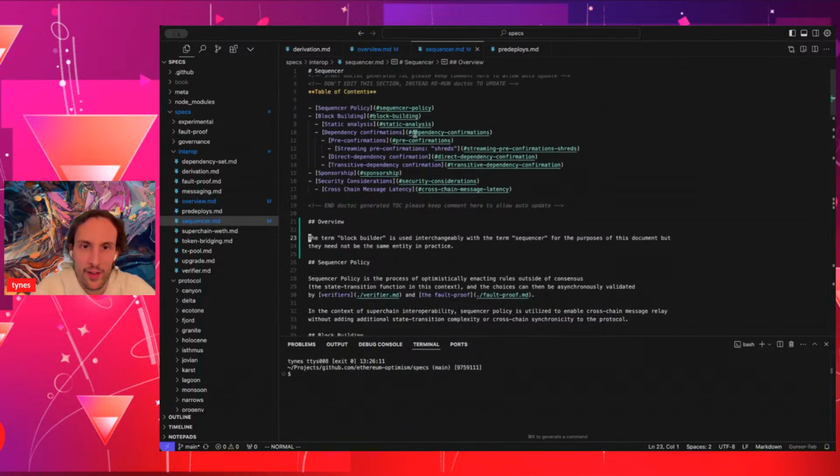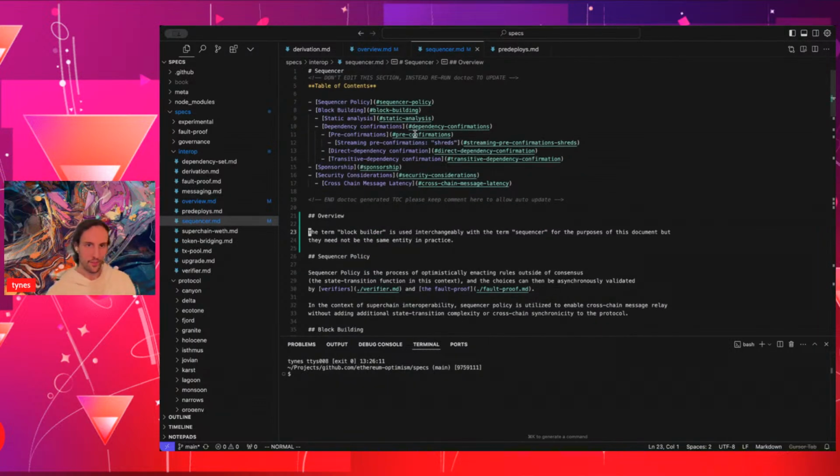What's a solver? Everything was so much more simple when we just had miners. Then Flashbots had to come along. We love Flashbots though. All right, so the term block builder is used interchangeably with the term sequencer for the purposes of this document, right?